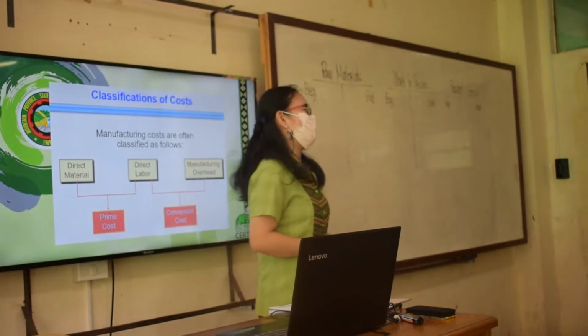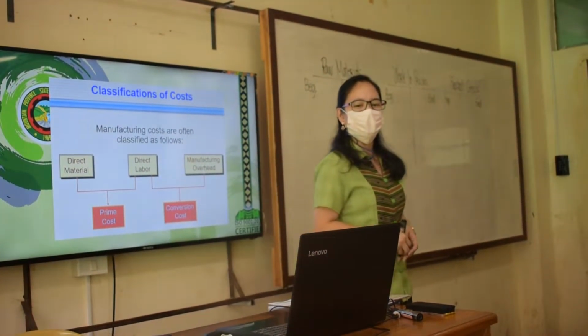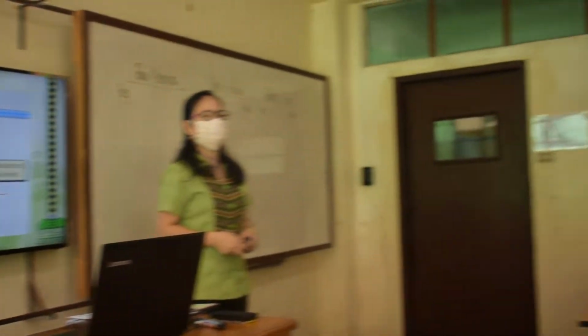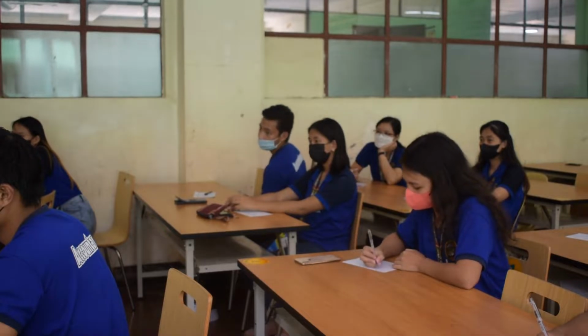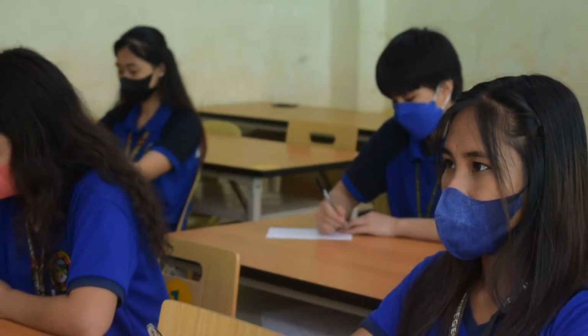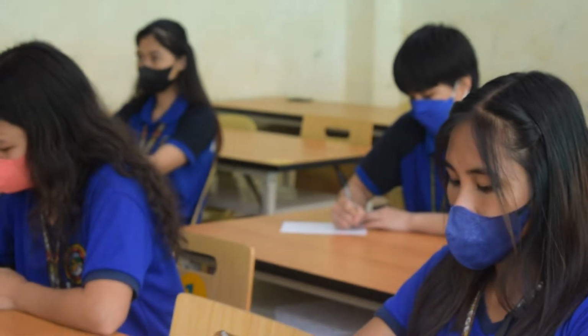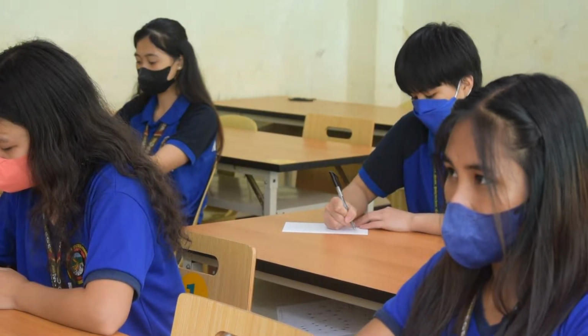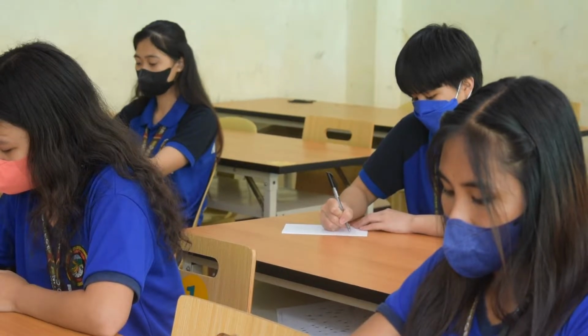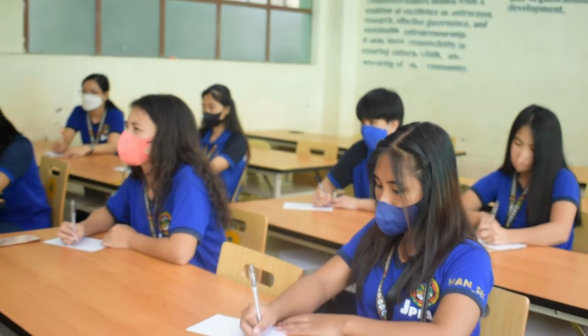Okay. So, we proceed with the classification of costs. Based on what was mentioned a while ago, we are still focusing on the three. When you add direct labor to the direct materials, we call it prime cost. Prime cost. Can you say that?